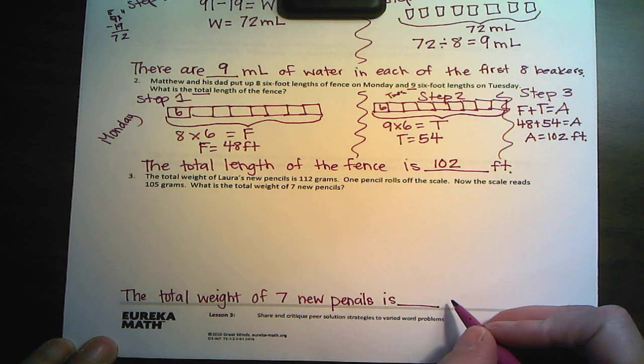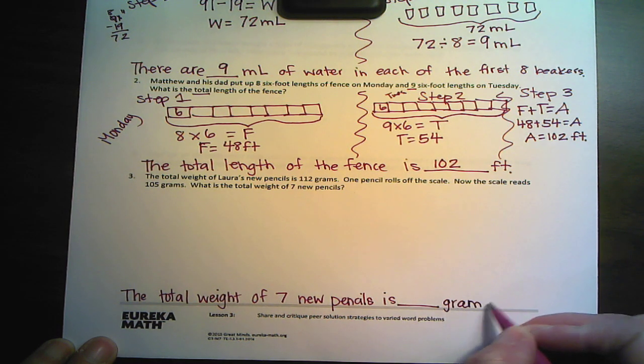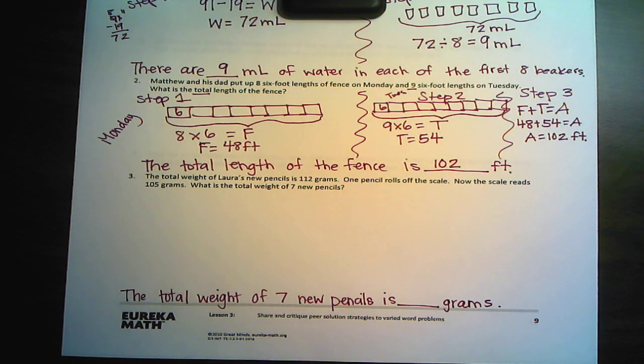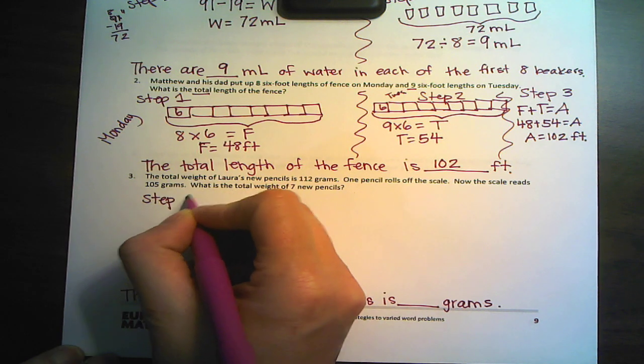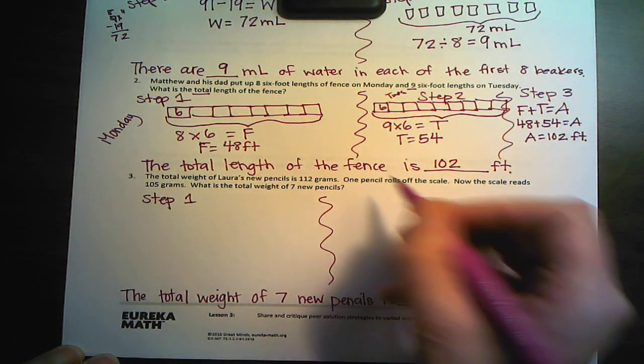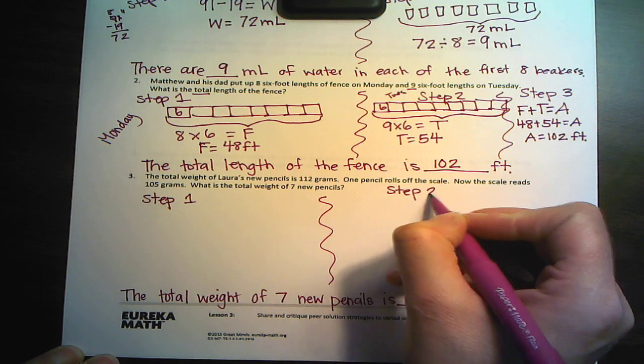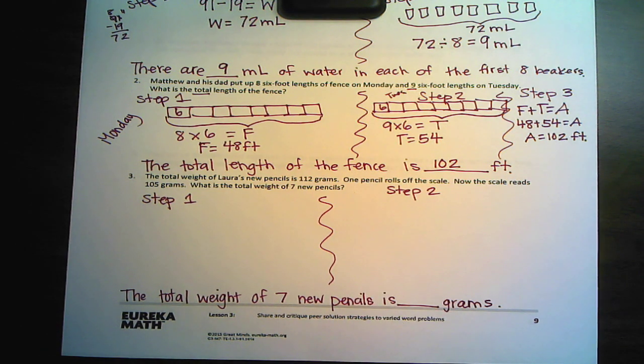What are we talking in grams here? Yeah, grams. So what's our first step going to be? What are you thinking about? We know some things already, some other things that we don't know. What can we do to figure out what we don't know?